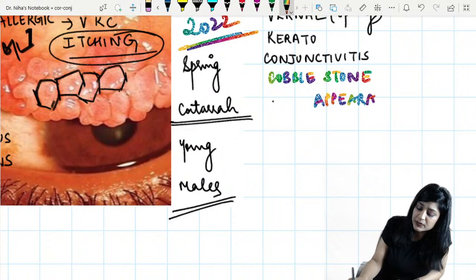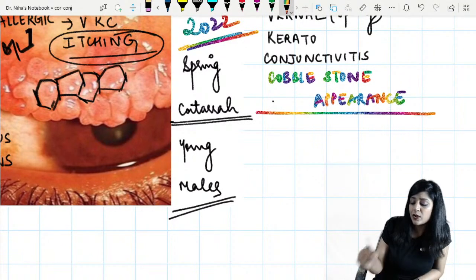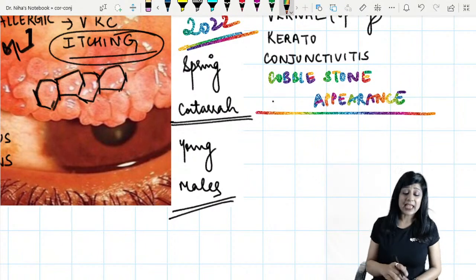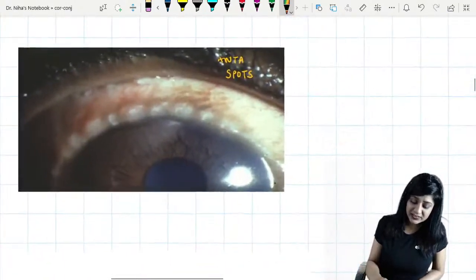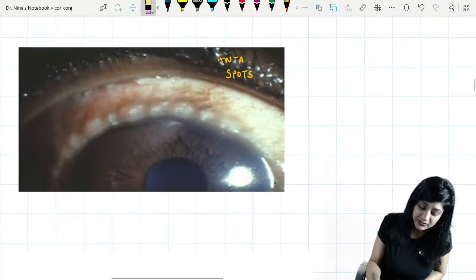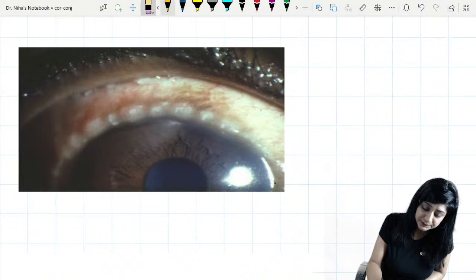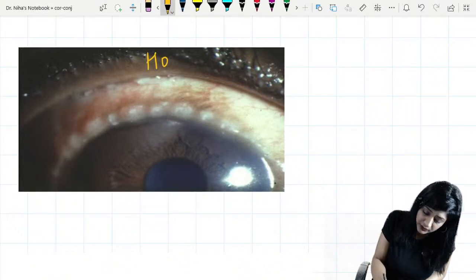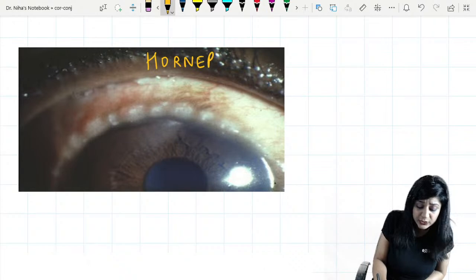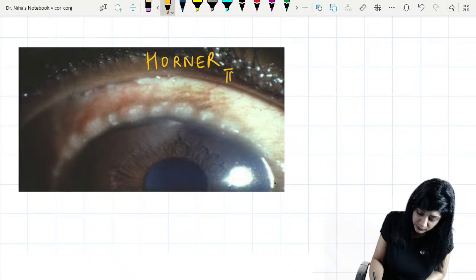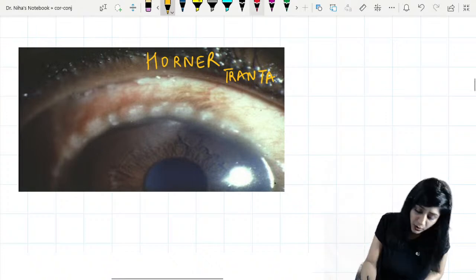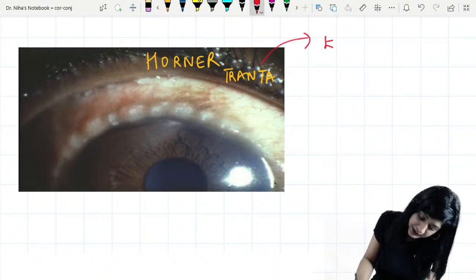Along with this, a very, very important thing is the Horner-Trantas spots. These are also called just Trantas spots, or the Horner-Trantas spots, and basically they consist of eosinophils.